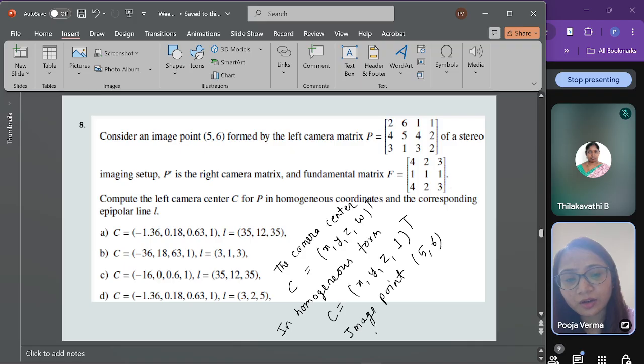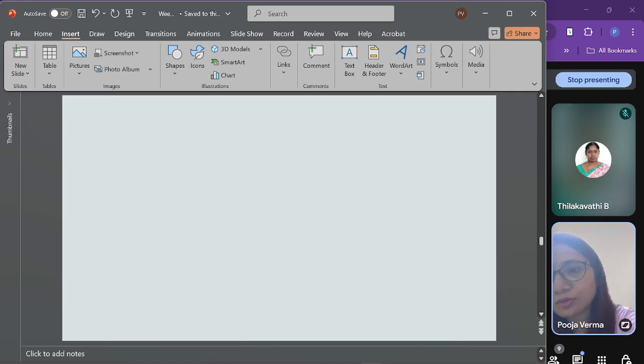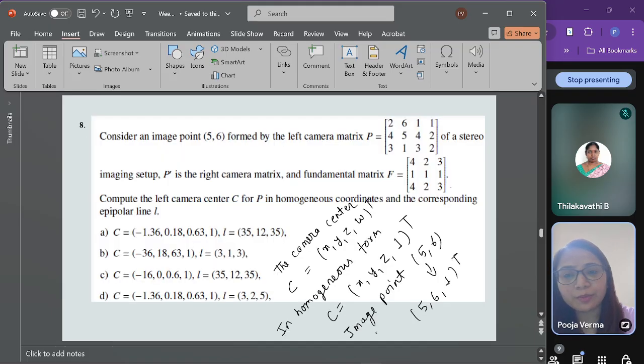We can also represent this image point in homogeneous form as 5, 6, 1 transpose. Now to calculate the camera center, we already know that PC is equal to 0. The P matrix, the left camera matrix, is given.